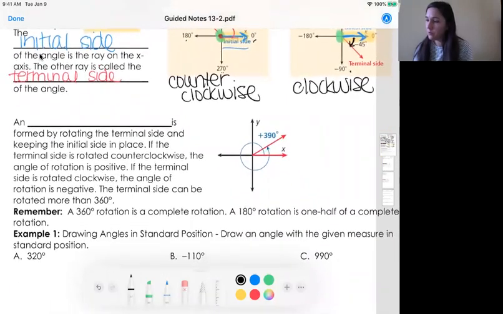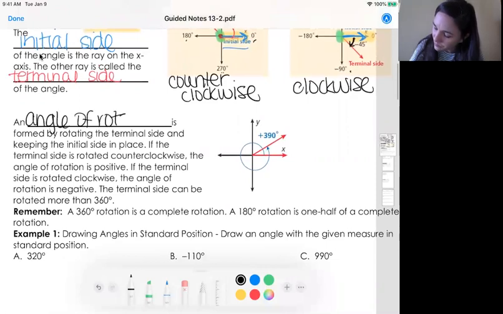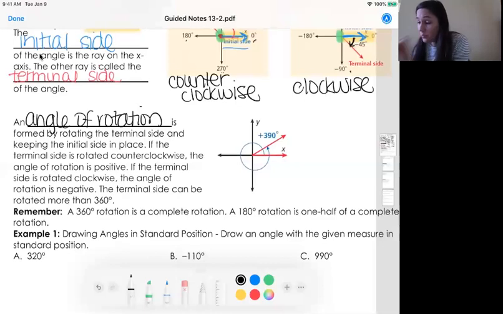So moving on down. An angle of rotation is formed when we're rotating the terminal side and keeping the initial side in place. So just like we said before, counterclockwise indicates positive rotation and clockwise indicates negative rotation.